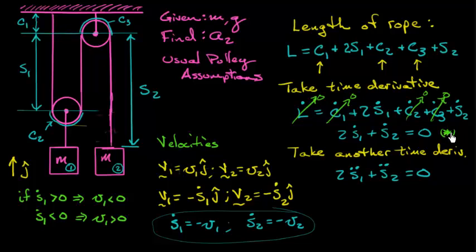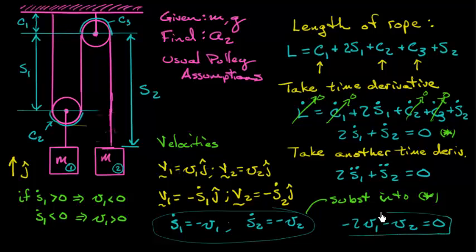So into equation star, and what do we get? I've got 2 S1 dots, so minus 2 V1, plus S2 dot, so minus V2, has to equal 0. So there's a relationship between my speeds: V2 equals minus 2 V1.